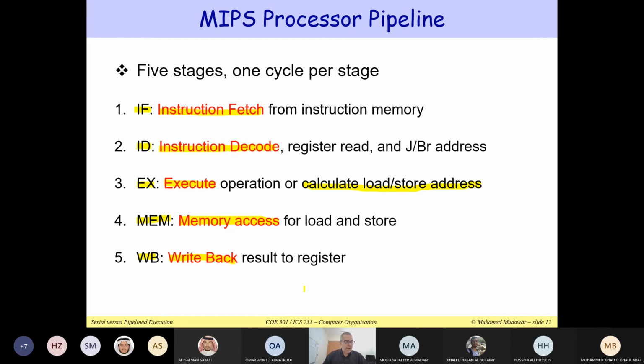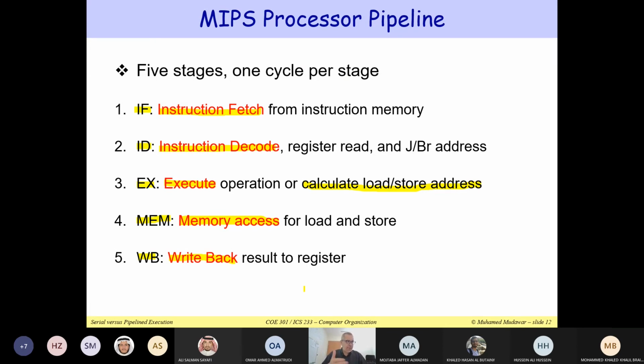Now, this is a very simple pipeline, but it illustrates the concept of pipelining, or the overlapped execution of instructions. So we only have 5 stages. Typically today, if you look at real processors, depending on the CPU, you might easily have like 10 stages or 15 stages in the pipeline.